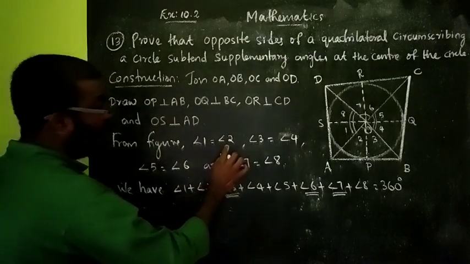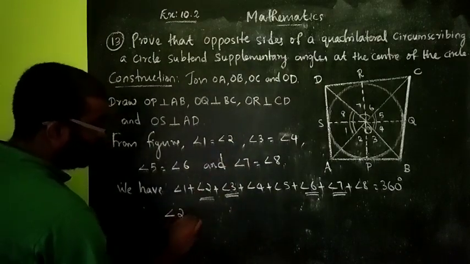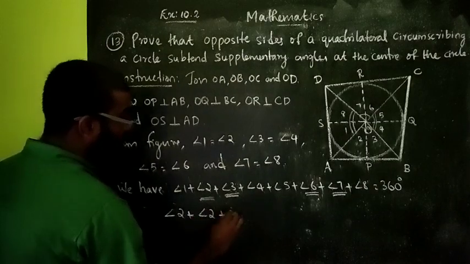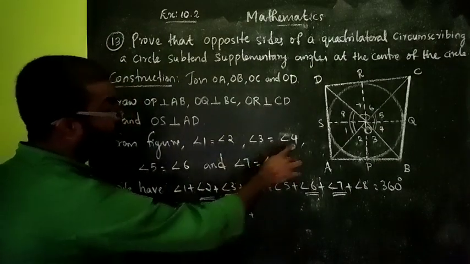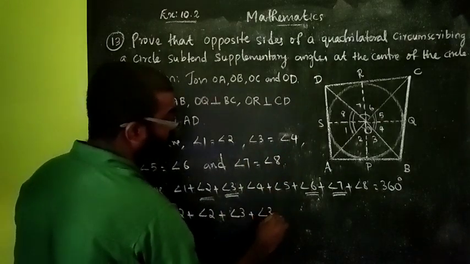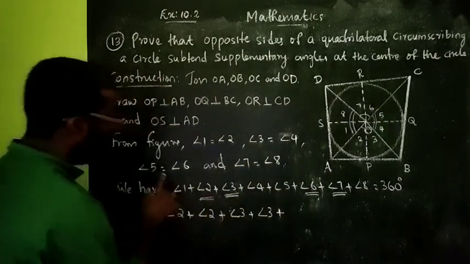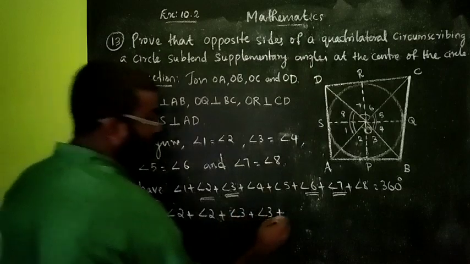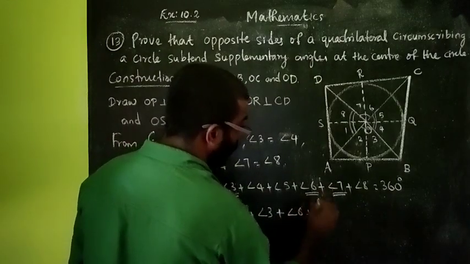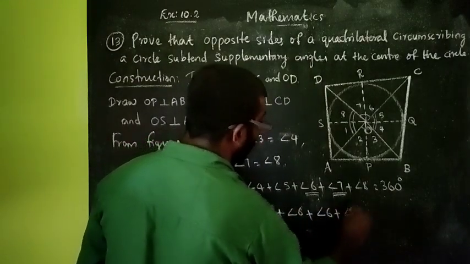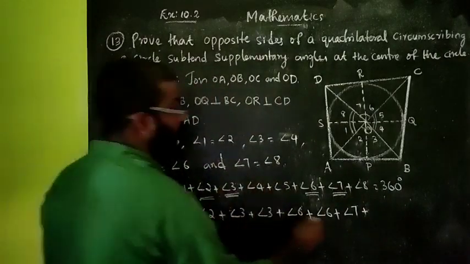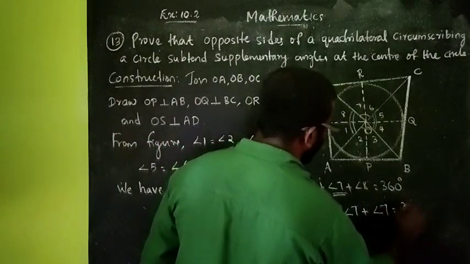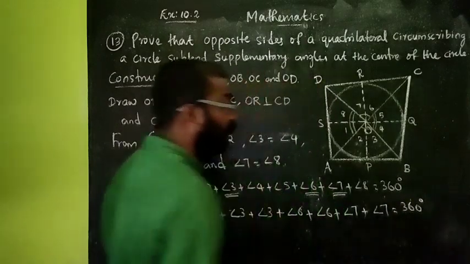Angle 1 is equal to angle 2, then plus angle 2 plus angle 3, then plus angle 4 is equal to angle 3, then plus angle 5 is equal to angle 6, again angle 6, then angle 7, then plus angle 8 is equal to angle 7, which is equal to 360 degrees.